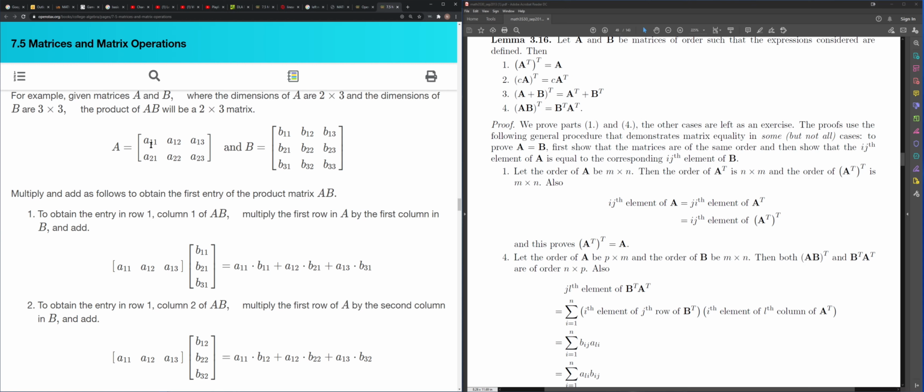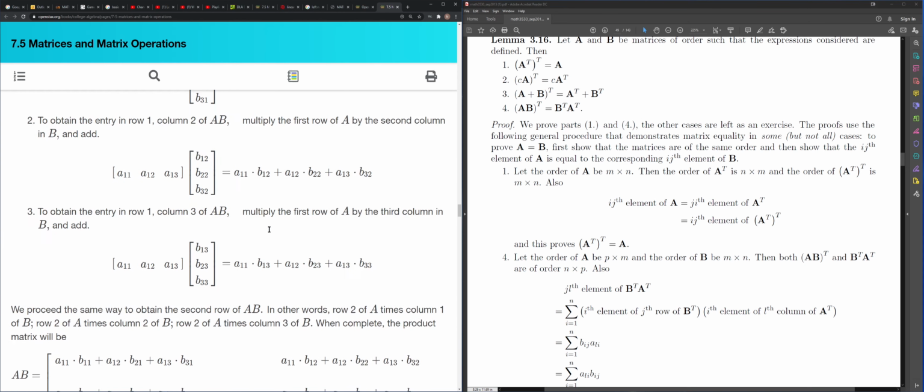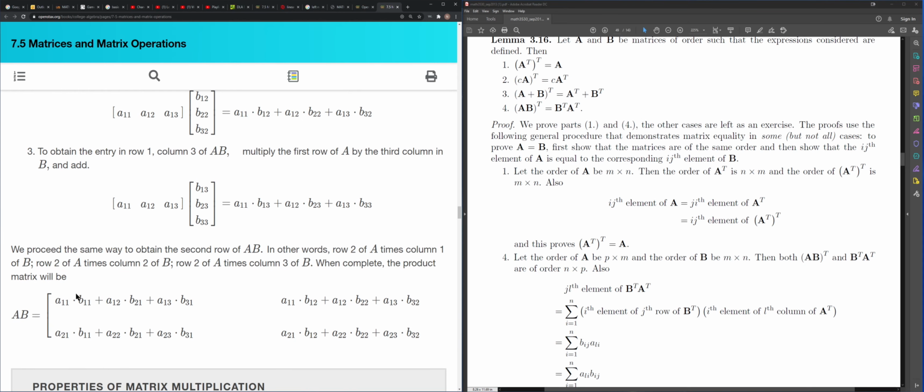Now notice when you take your first row and multiply against your first column, you're getting a certain entry of your matrix AB: what's in the 1 1 position, the entry in the first row and first column.